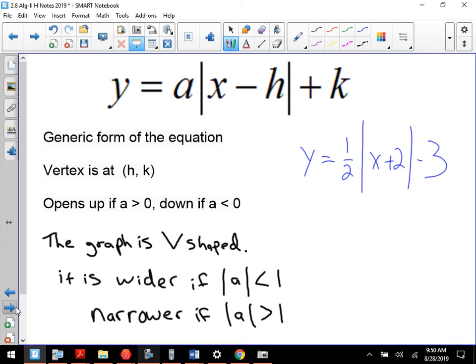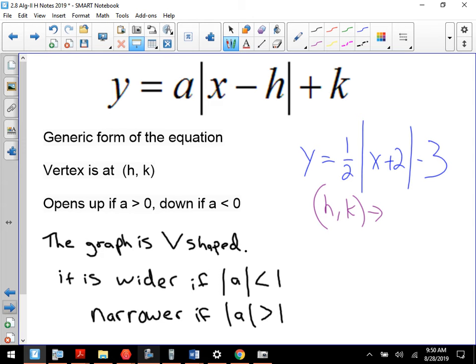So if I'm looking at this problem here, I have 1/2 times the absolute value of x plus 2, all subtract 3. Now remember, the generic form for h's and k's, your vertex lies at h, k.